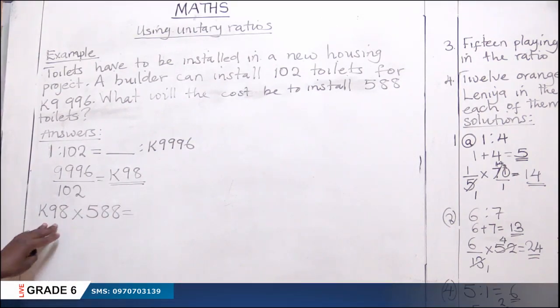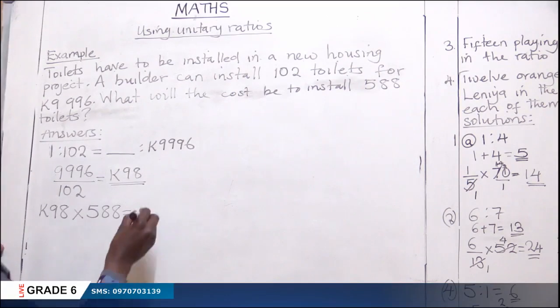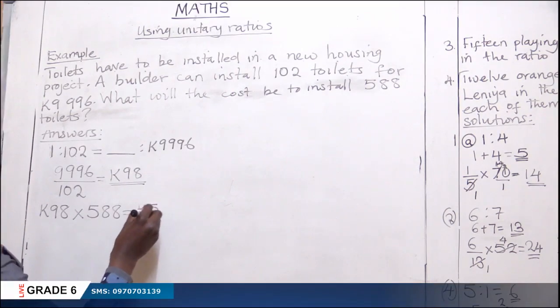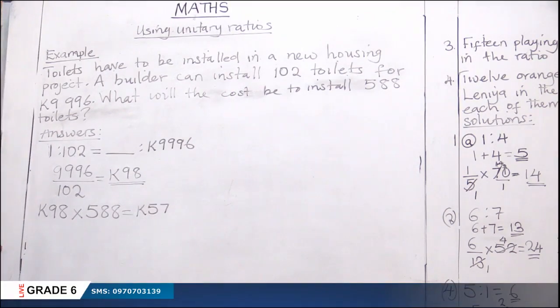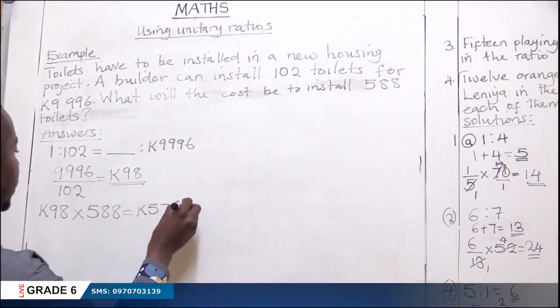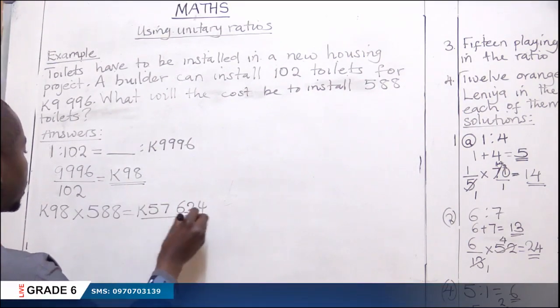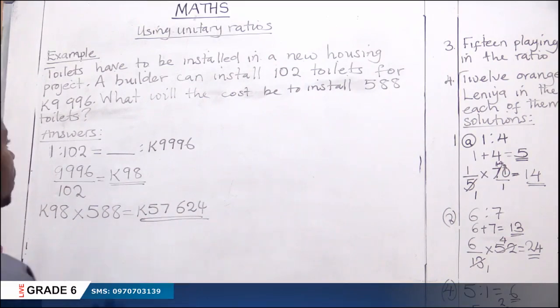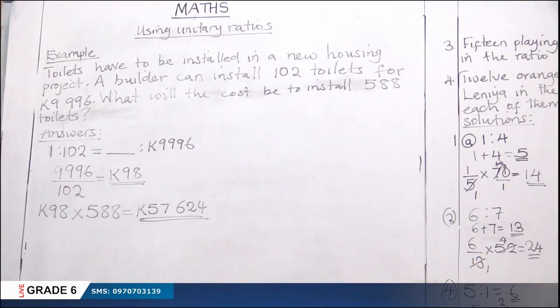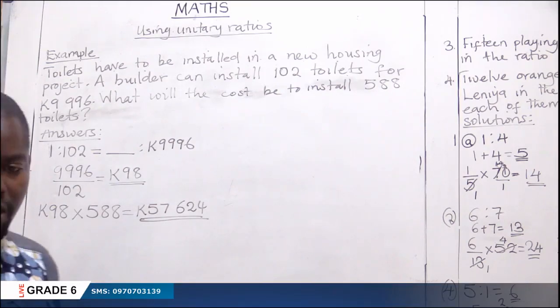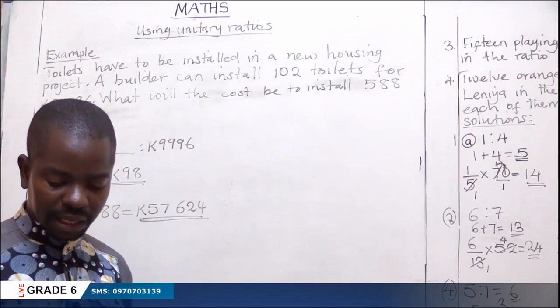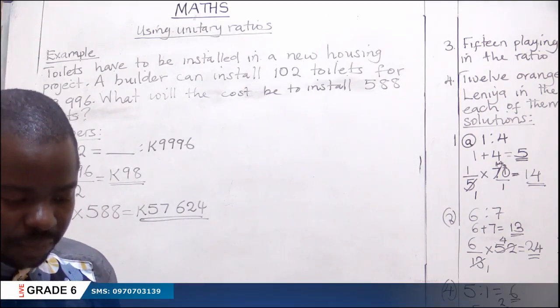Okay, we are going to multiply 98 kwacha times 588, and the answer that we are going to find is 57,624. All right, so meaning that the cost for 588 toilets is 57,624.